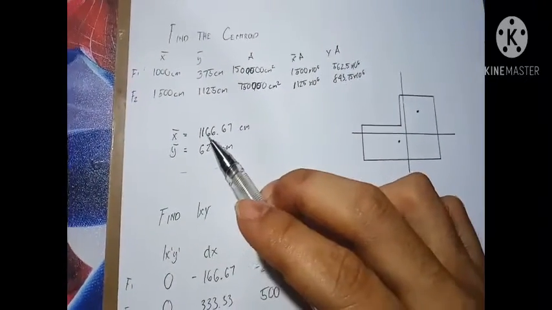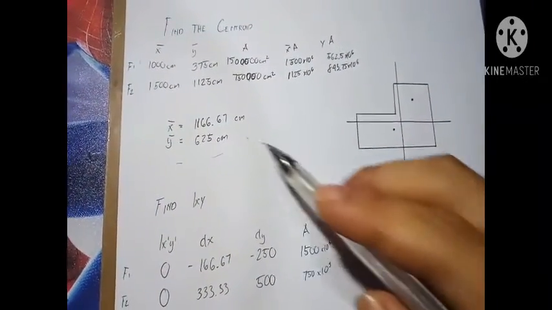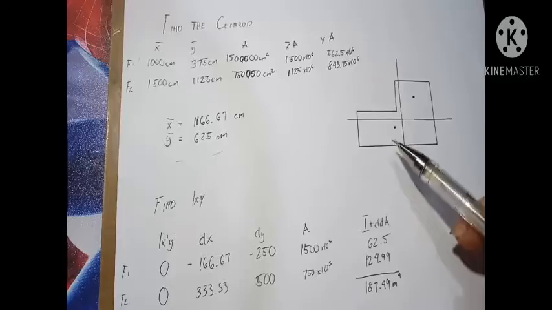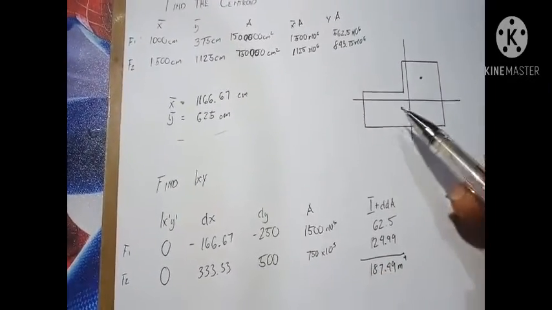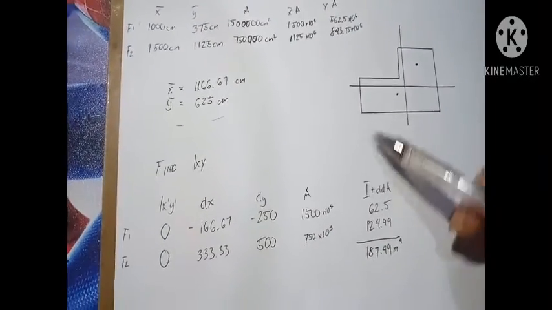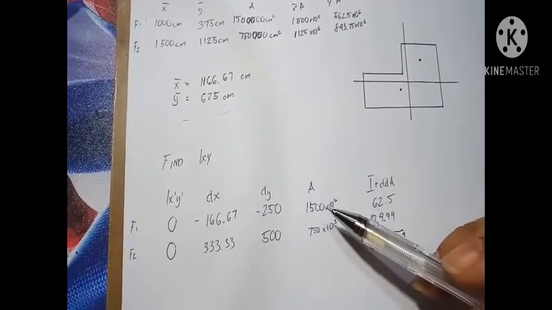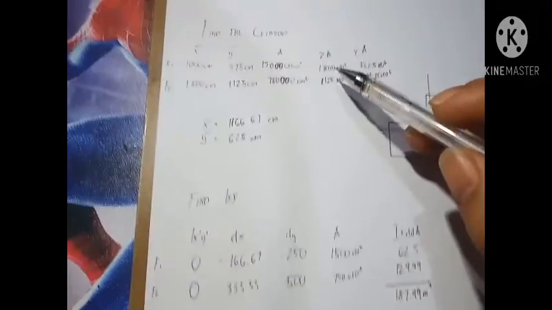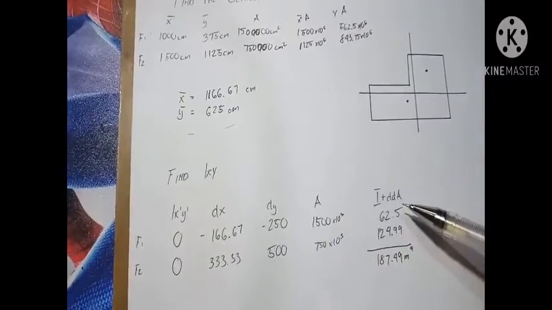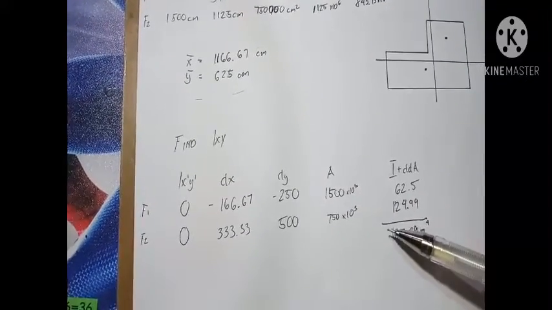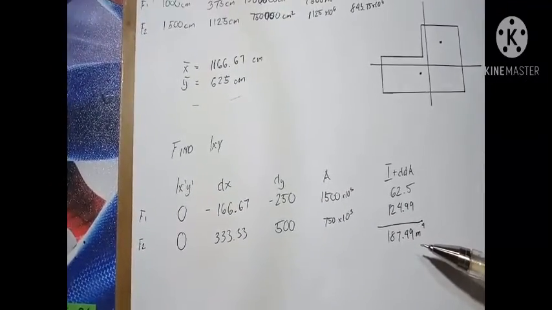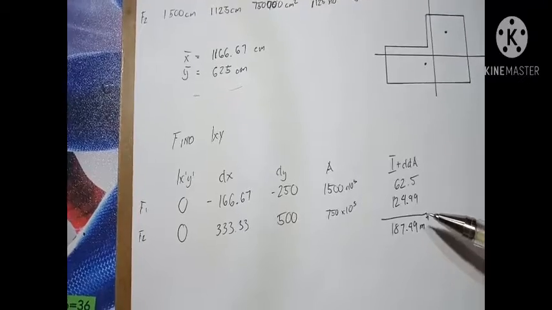The x coordinate will be minus 1000, and it is negative. Same as the dy of 250, it is negative. And the area is the same as there and there. And for the sum of Ixy plus dx dy A, we just have to add these two and we have the answer, 187.49 meters to the 4th power.